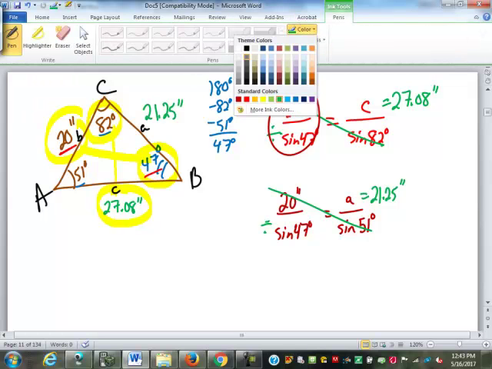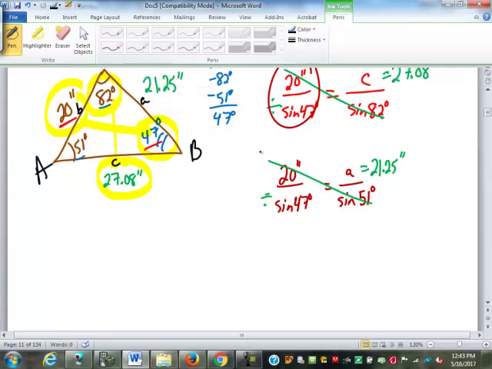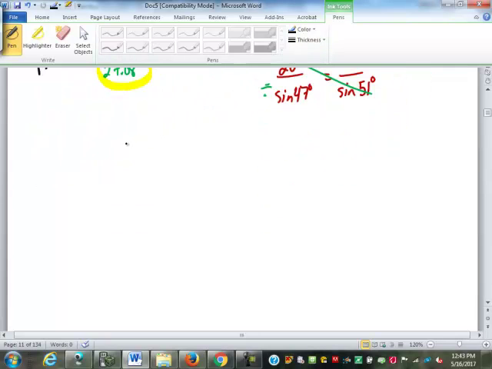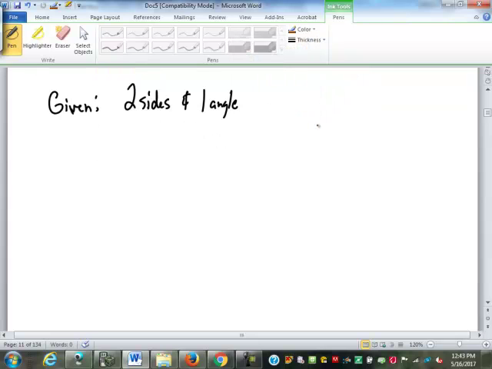So the next case we're going to look at is we're given two sides and one angle. I'll make a distinction here.